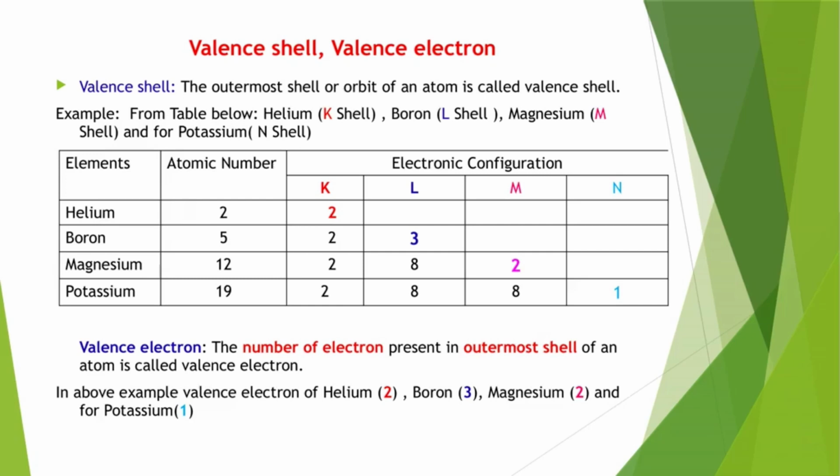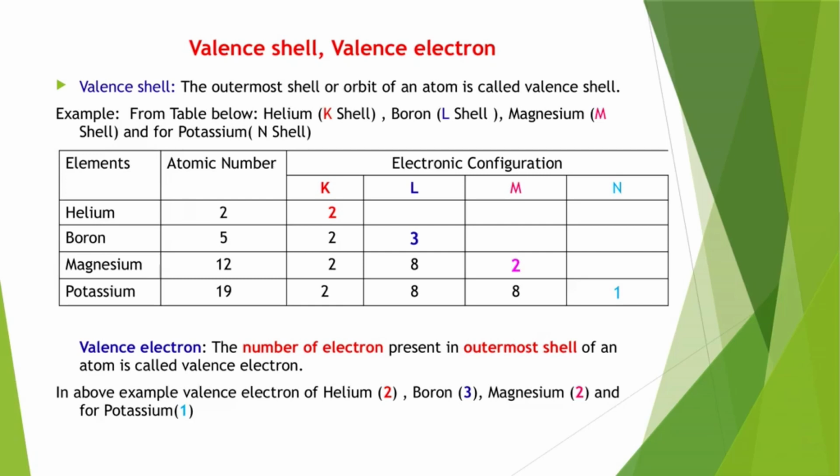So the valence shell is M and valence electrons are 2. Is it clear? The last electron is entering the M shell, that is why the valence shell is M, whereas valence electrons are 2.